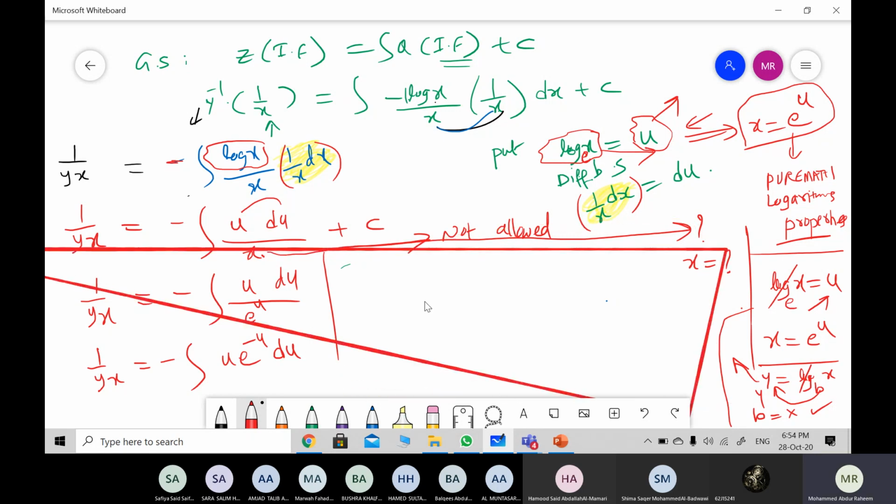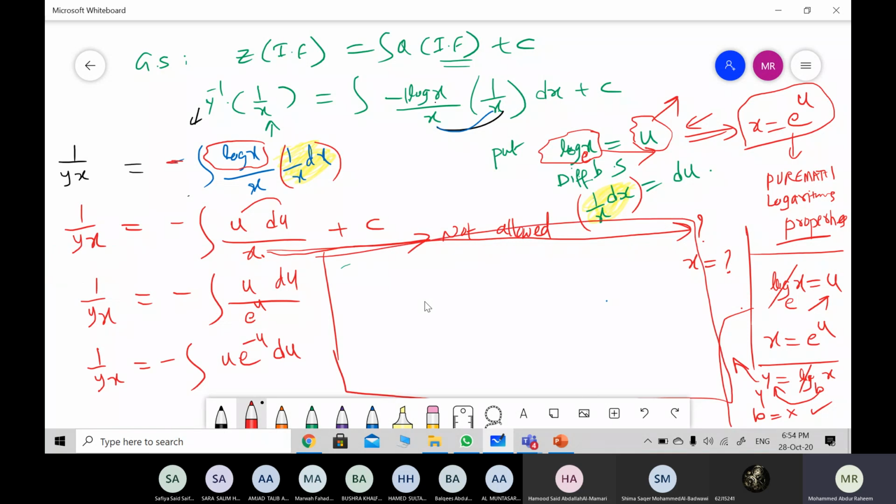Now how much is the integral of 1 over x squared, this you know, integration by parts. See, here actually we use substitution, later it went to integration by parts.